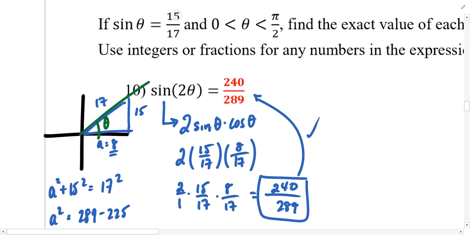So if sine of theta is equal to 15 over 17, then the angle measure shown with this green ray here must be sitting in the first quadrant according to our restriction on the angle measures.